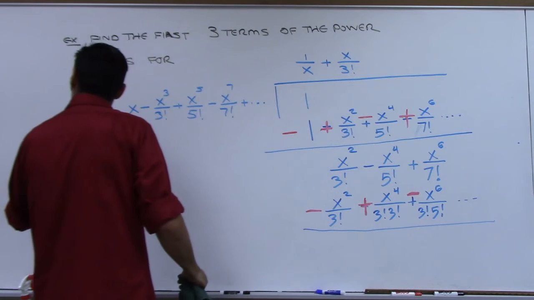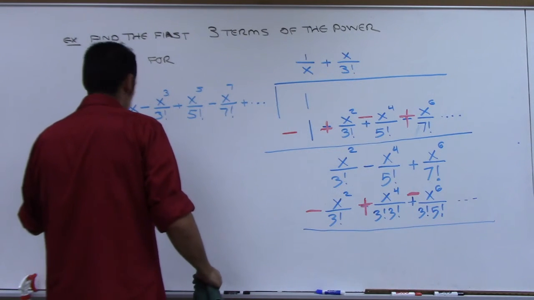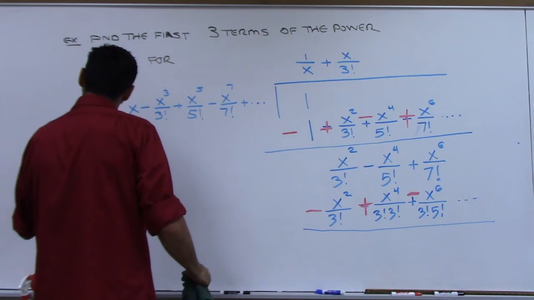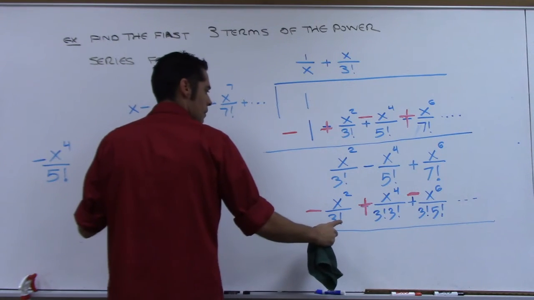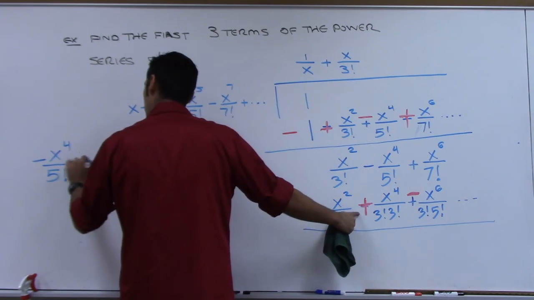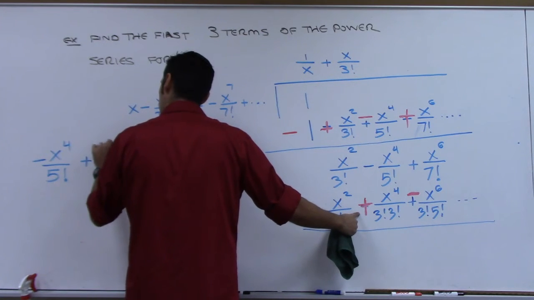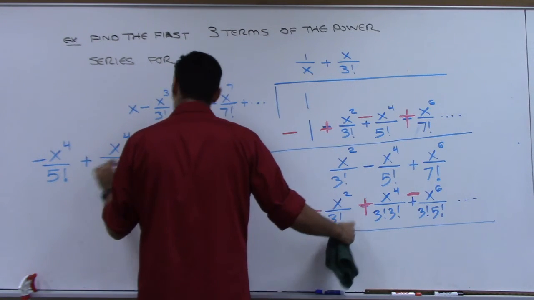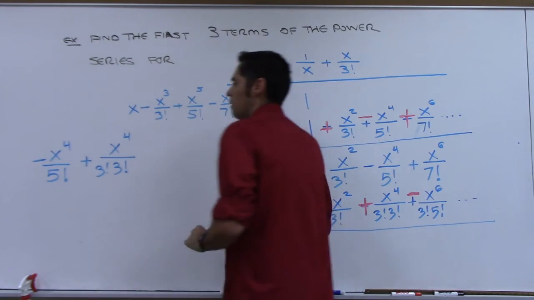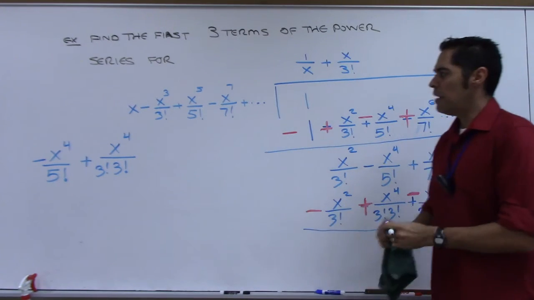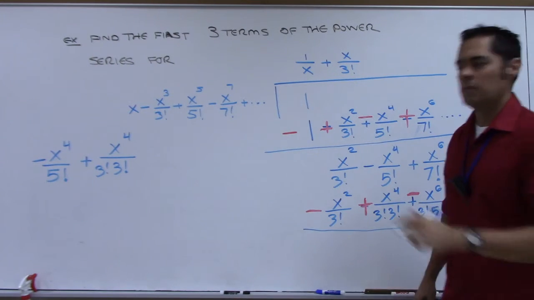I'm taking negative x to the 4th over 5 factorial, and I'm adding or subtracting? Adding what? X to the 4th over 3 factorial times 3 factorial. What do those both have in common? X to the 4th.